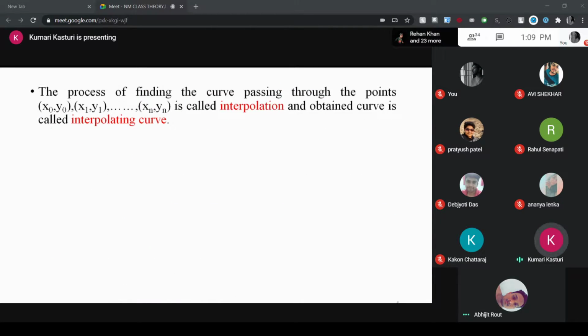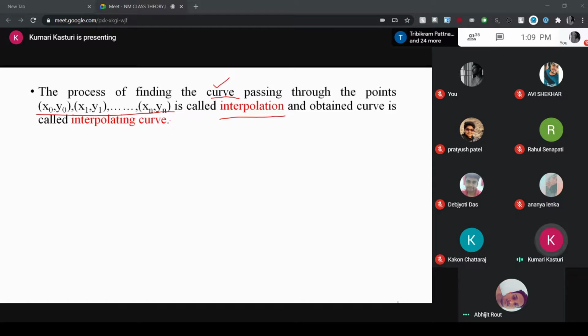Now, in a simple way, I have written here, just see: the process of finding a curve passing through the points. A data set is given to you, the number of points are given to you. From those points, you have to find a curve. That procedure is called your interpolation. So some data points, some coordinates, are given to you.